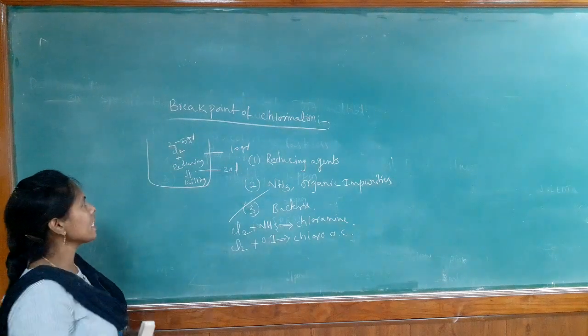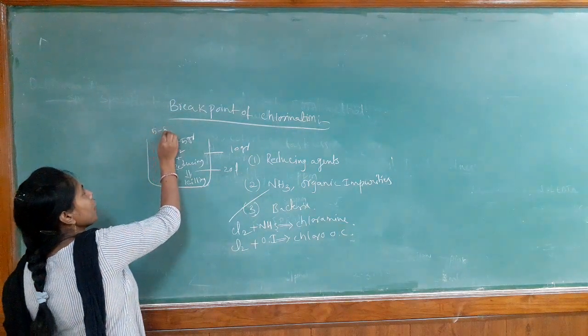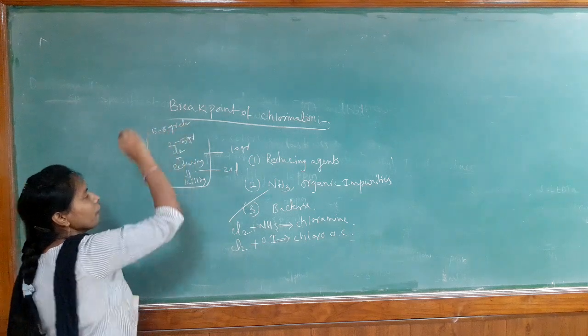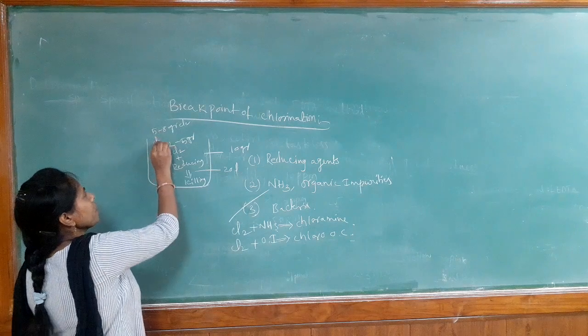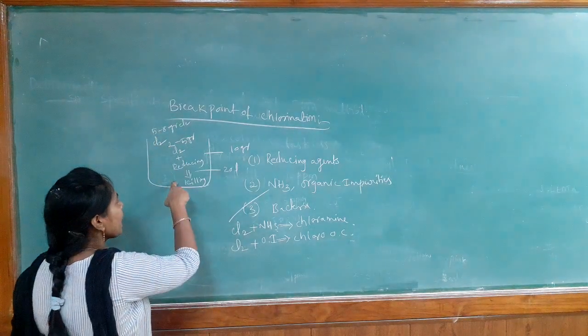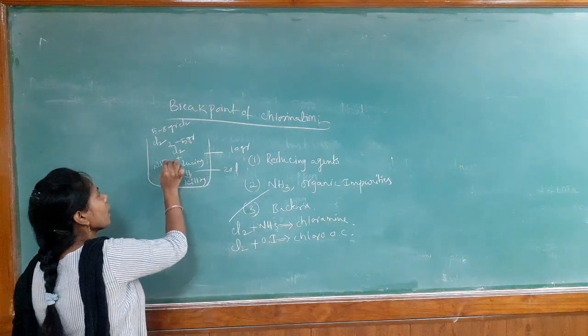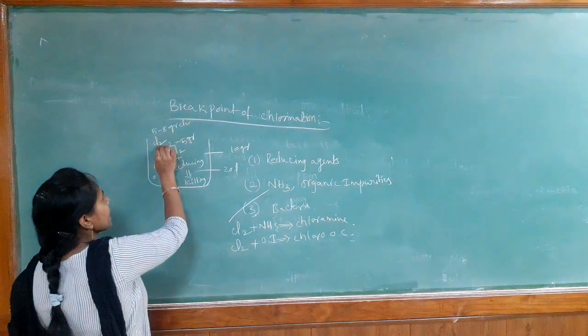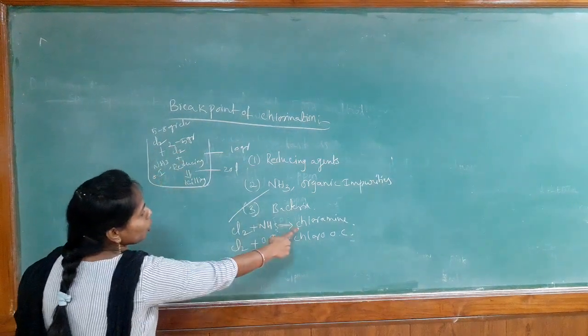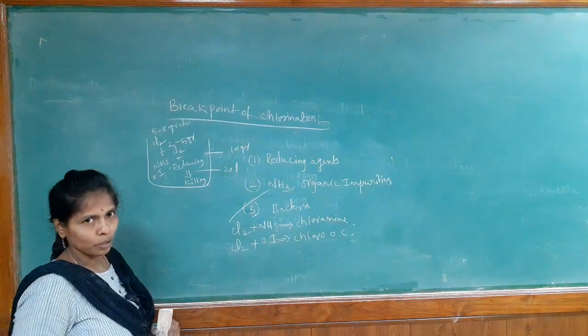Whereas in the second stage, when we are adding around 5 to 8 grams of chlorine, what happens here? The additional chlorine is reacting with ammonia and organic impurities in the water sample. When it is reacting, it is forming chloramine and chloroorganic compounds.